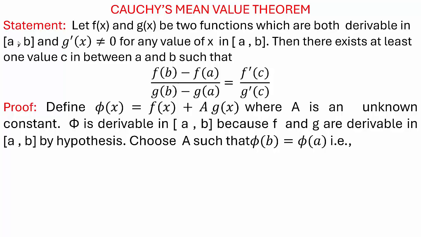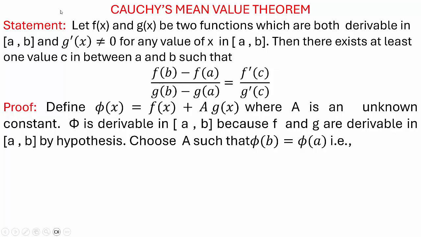For the proof, we define a function phi(x), a combination of f(x) and g(x), like phi(x) = f(x) + a g(x), where a is an unknown constant.